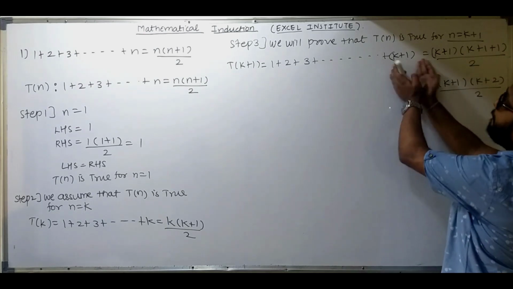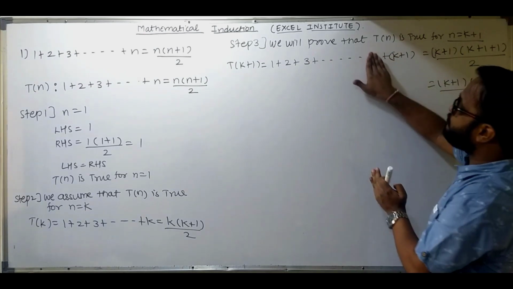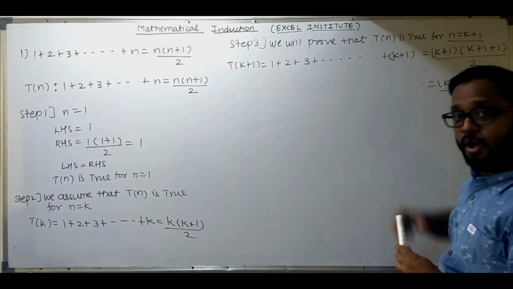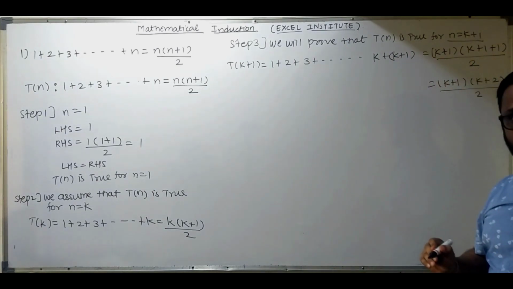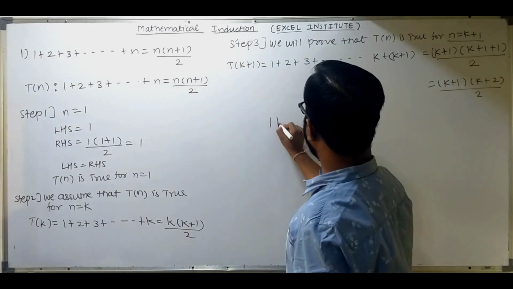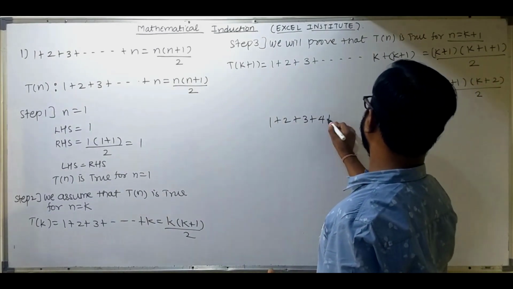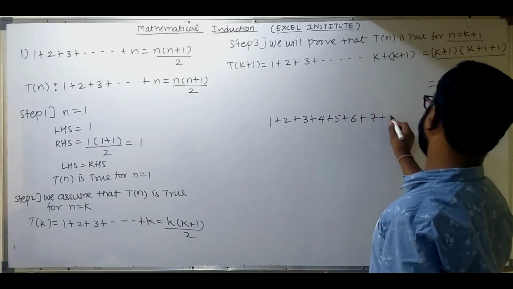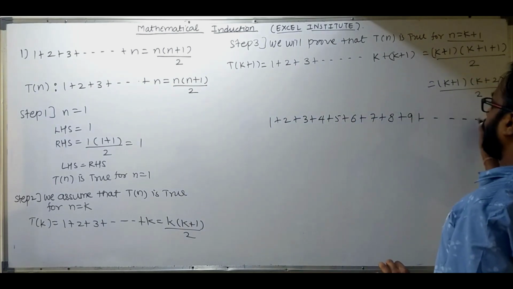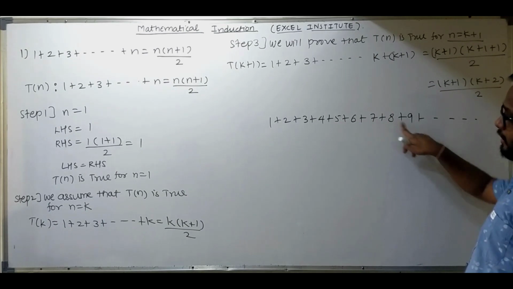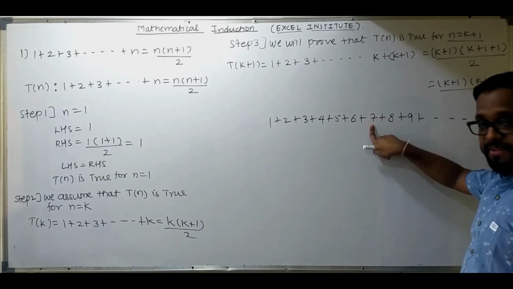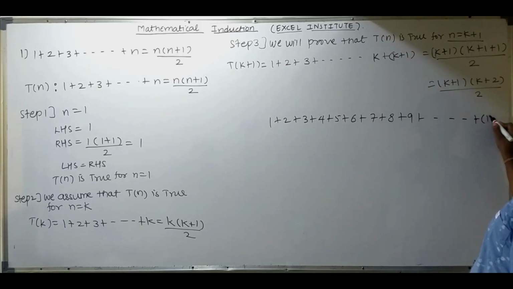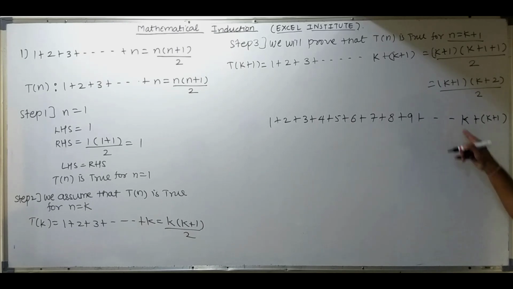Like this, 1 plus 2 plus 3 plus, and 6, 7, 8, 9, and so on. If this is the 9th term, before it the 8th term comes, and before that the 7th. So if this is the k plus 1 term, then before k plus 1, obviously the kth term comes, isn't it?